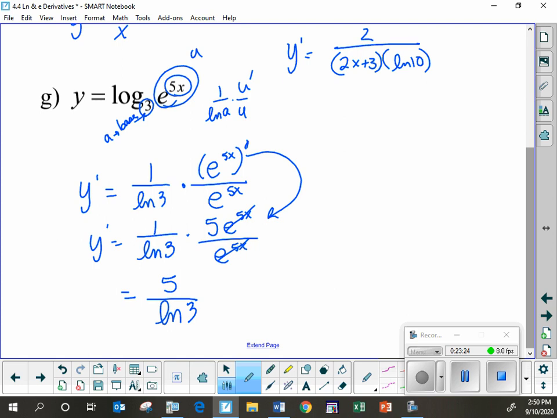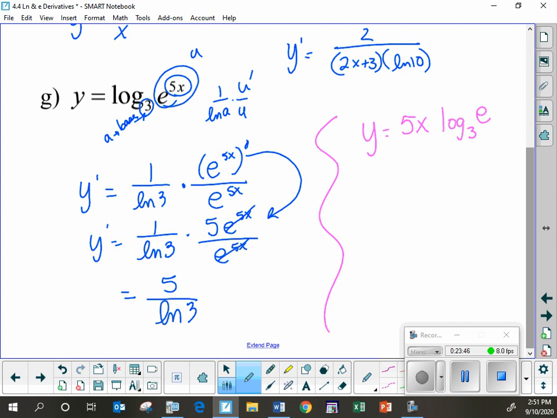There is a different way to do that one, and I think I'm going to go ahead and do it. Because when I started this problem, I almost thought about doing it this way, where I brought the power down, log base 3 of e.